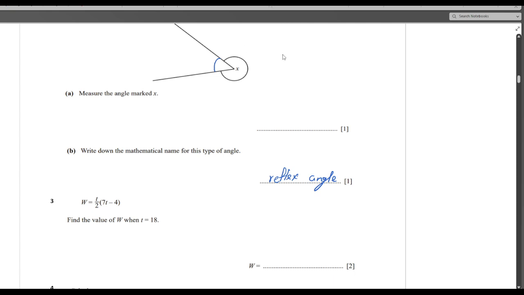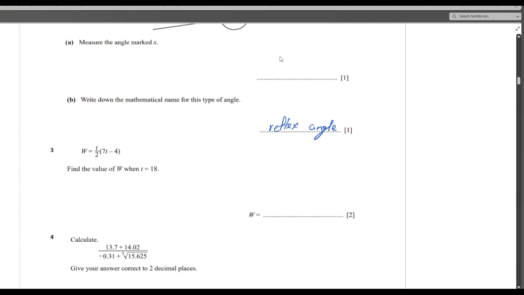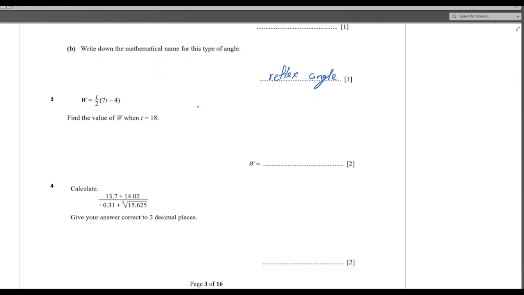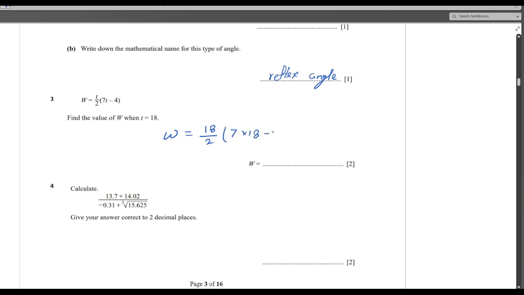Now W is equal to T divided by 2 into 7 times T minus 4. Find the value of W when T is 18. So your W is equal to, as it is a calculator based problem, you can use your calculator. W is 18 divided by 2 into 7 times 18 minus 4.